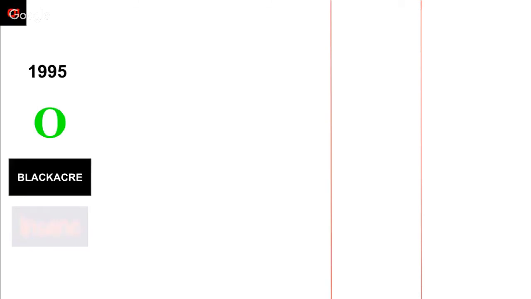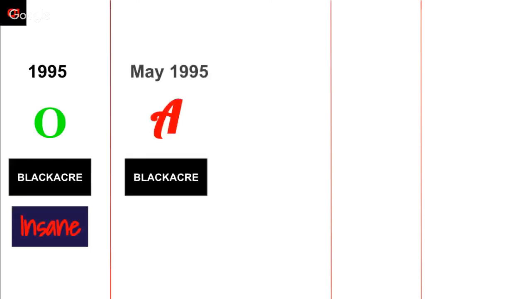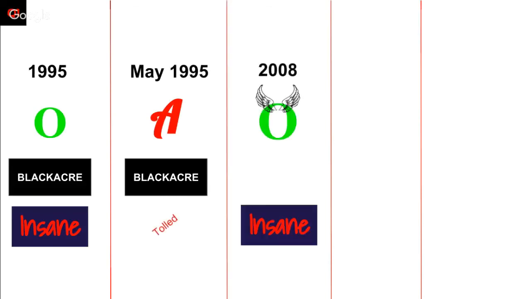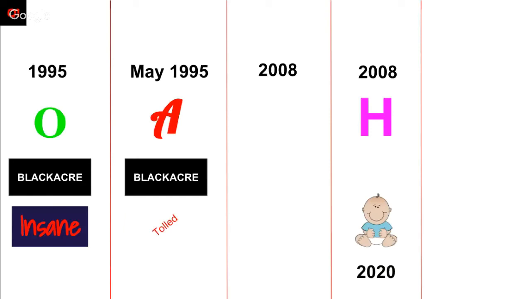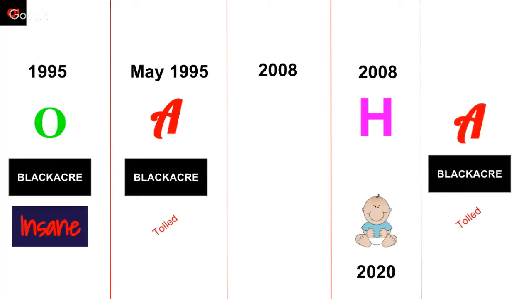O was the owner in 1995. O was insane. A entered adversely on May 1st, 1995. O dies insane and intestate in 2008. O's heir H, 6 years old in 2008. H reaches age of majority in 2020. When would A acquire title?